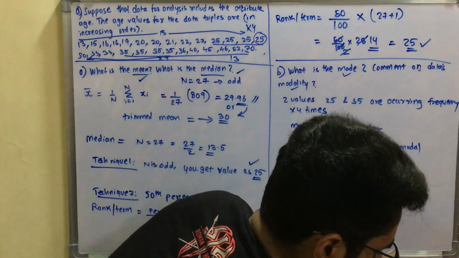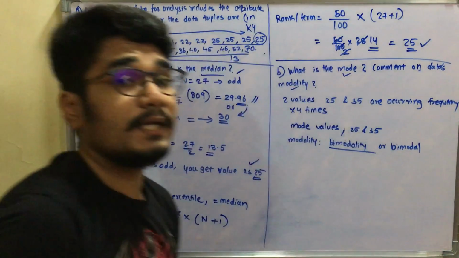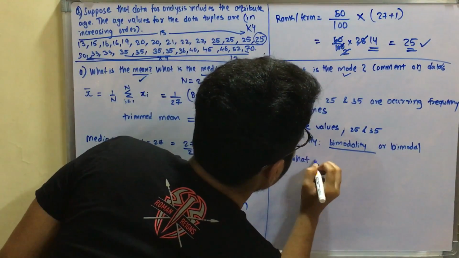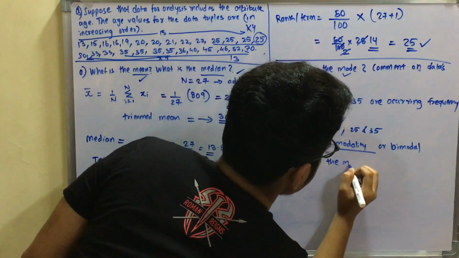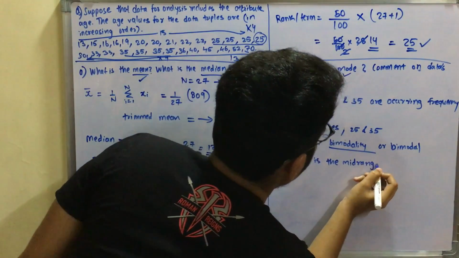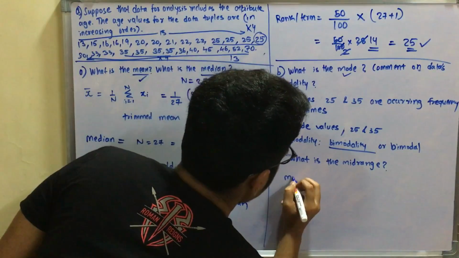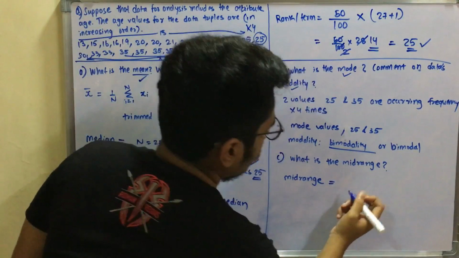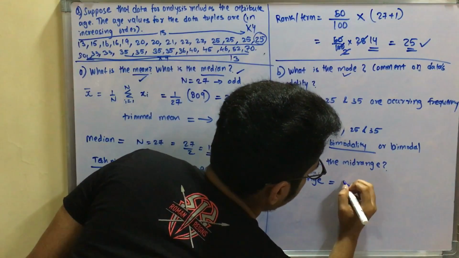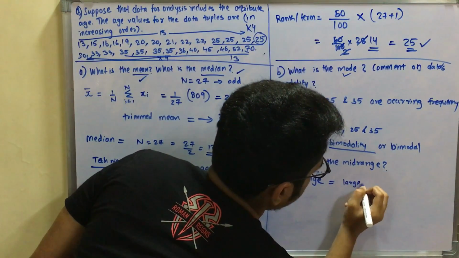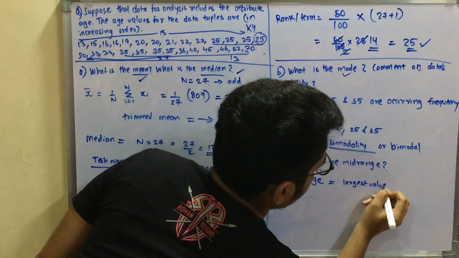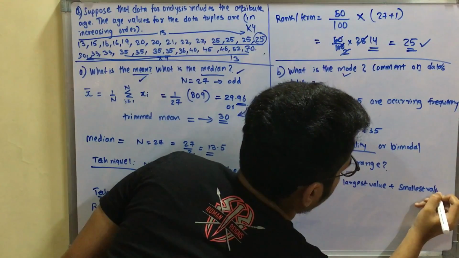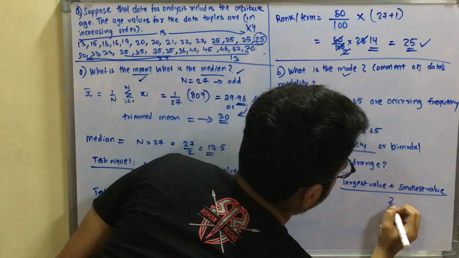Next you have to calculate the mid range of the data. That is the next question: what is the mid range? The mid range is nothing but the average, given by this formula. This we have not discussed in that video. The mid range is the average of the largest value plus the smallest value from this data set, divided by 2.